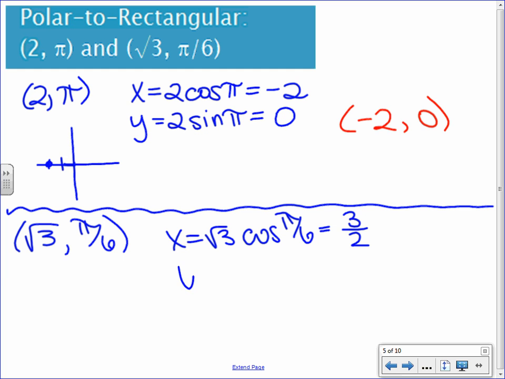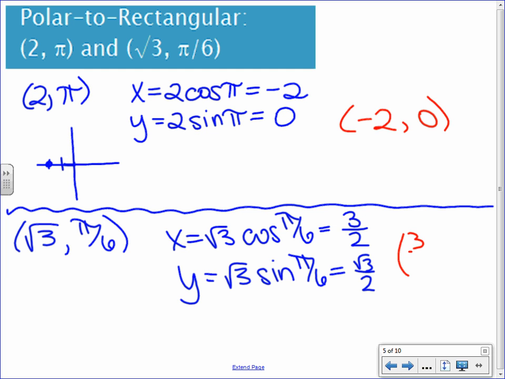And so then y is radical 3 times the sine of pi over 6. What is the sine of pi over 6? Times radical 3. So our rectangular coordinate is 3 halves radical 3 over 0.